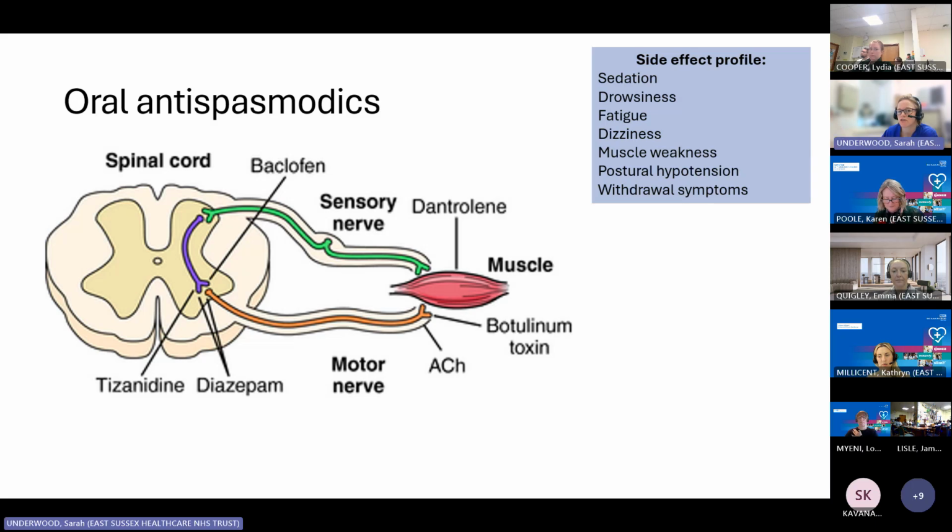So sedation and drowsiness and fatigue, dizziness. It can cause muscle weakness, postural hypotension. And there's also an issue that it has to be titrated. As well as being titrated up when it's started, it also needs to be titrated down, otherwise patients can experience withdrawal symptoms.